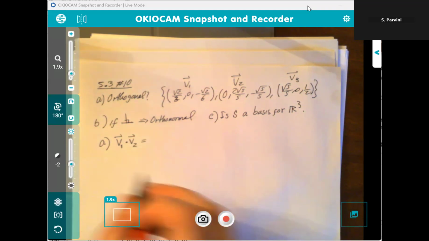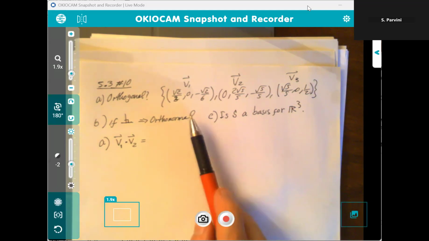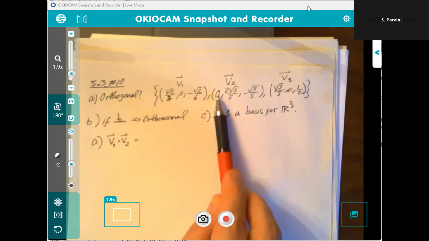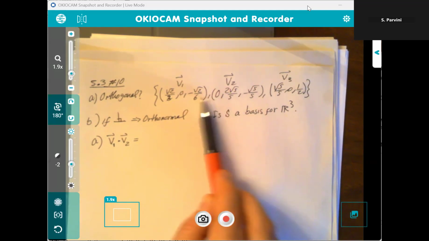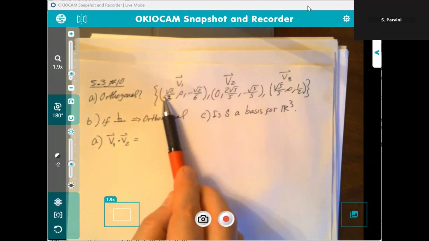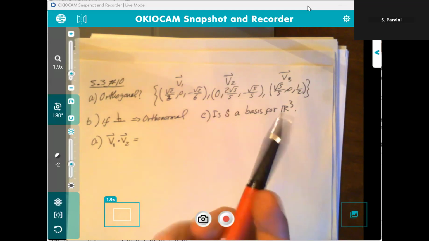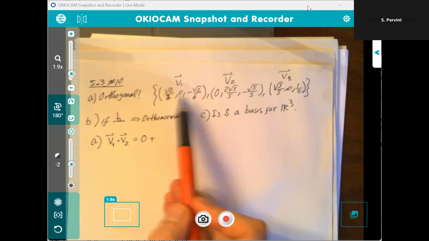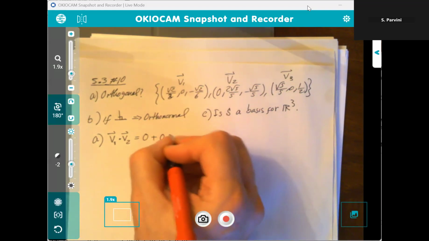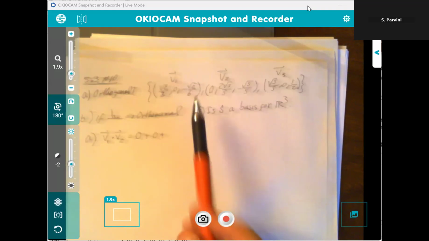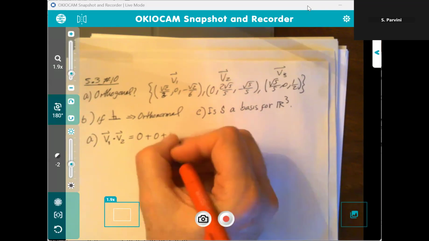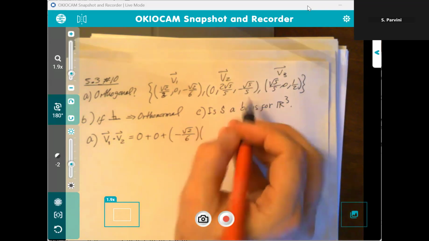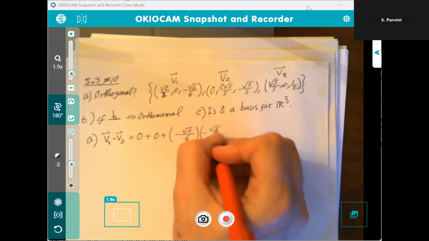Okay, so let's do the dot product. Without writing this, let's say V1 dot V2. You multiply the first components, second components, third components. First by first gives you 0, right? So the dot product will be 0 plus second by second, which is 0, plus the third component of the first vector, negative root 2 over 6, times the third of the second vector.